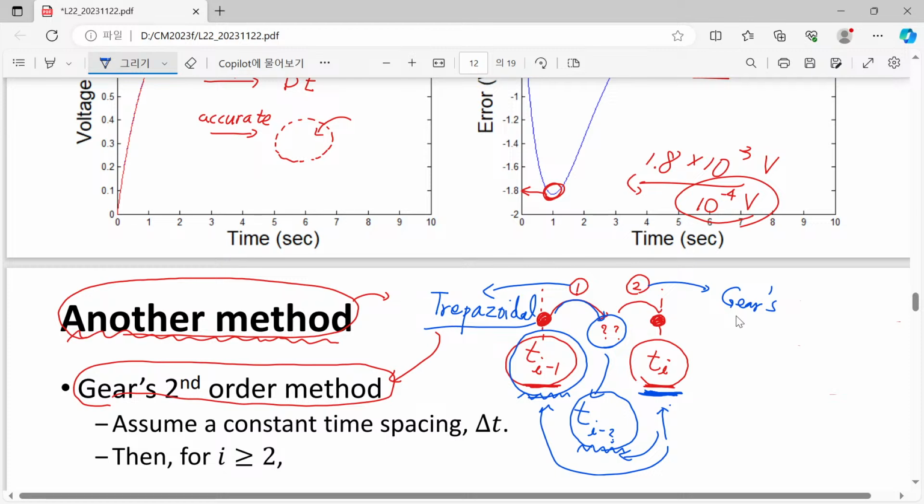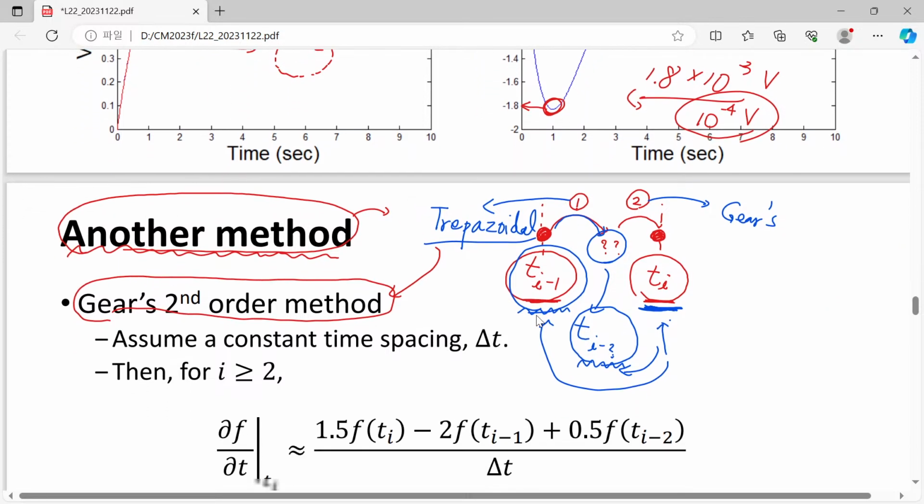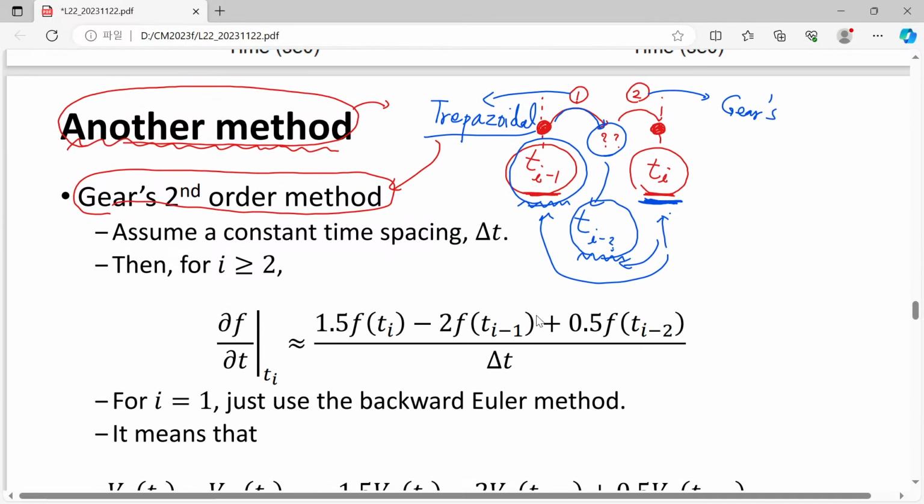Then I will talk about Gear's second order method. I will not talk about this entire scheme, but I will just consider Gear's second order method. The main message I wanted to deliver to you is, okay, if you adopt this second order method, the accuracy of your calculation can be improved greatly with shorter delta t.